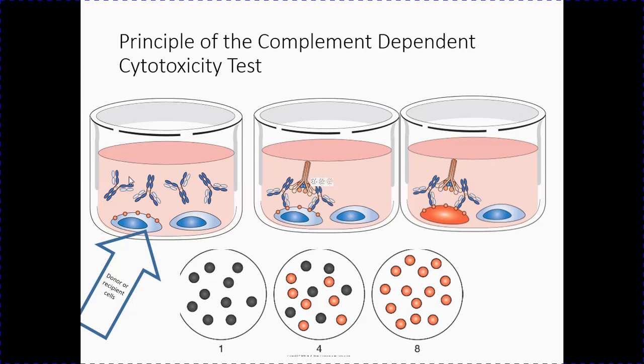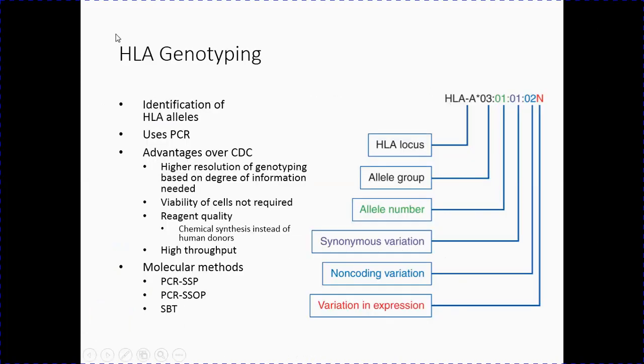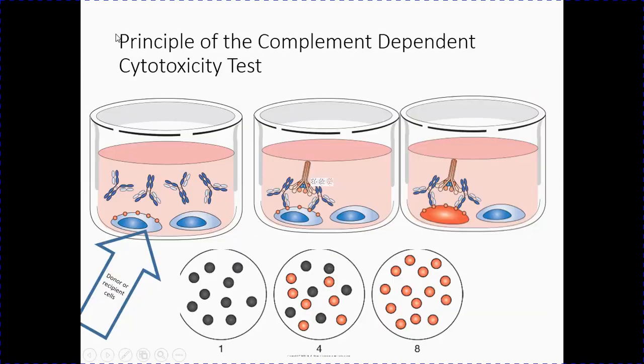So those are reagent antibodies. The cells are either donor or recipient cells. Remember, we're going to set up a microtiter plate of donor cells. We're going to set up a microtiter plate of recipient cells. And what we're looking for is, do the cells have the antigen on the cell that we're looking for.